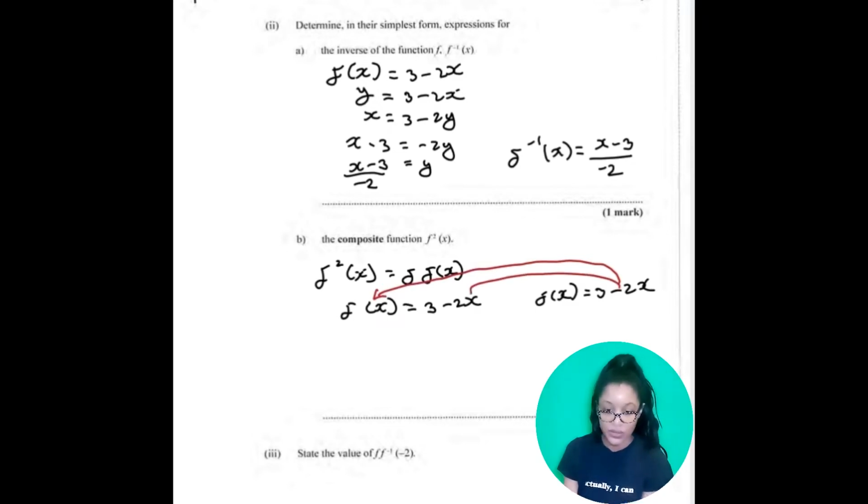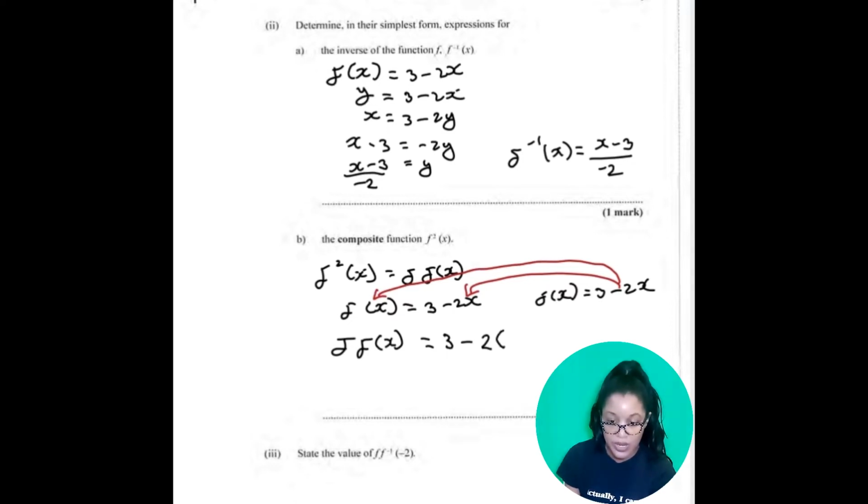So we get f of x is equal to 3 take away 2, in brackets we put in f of x, which is 3 take away 2x.